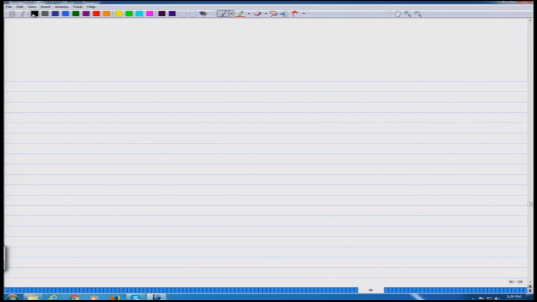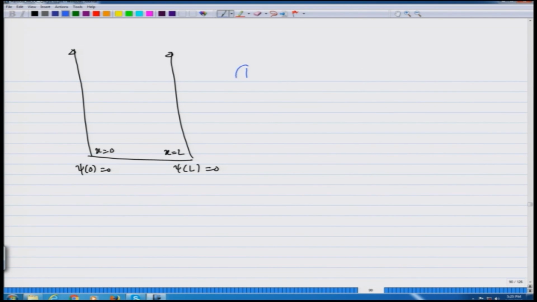So, one technique could be in this case, in which psi 0 and psi L both are 0, this is x equals 0, x equals L. So, one way of constructing could be to start at x equal to 0 with psi 0 equals 0 and psi prime 0 equals some finite number, let us say 1 or some constant.